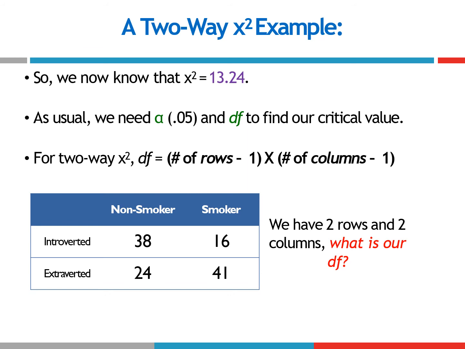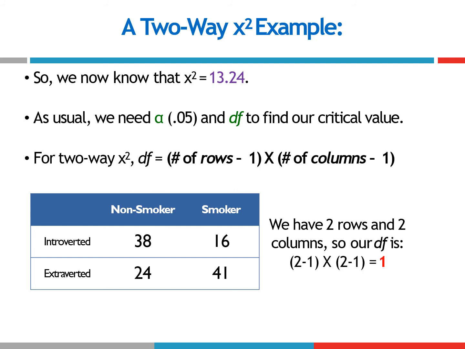Your degrees of freedom is just going to be the number of rows in your table minus 1 times the number of columns minus 1. By this I mean the table of your observed values. In our table, we have 2 rows and 2 columns, so it's going to be 2 minus 1 times 2 minus 1.